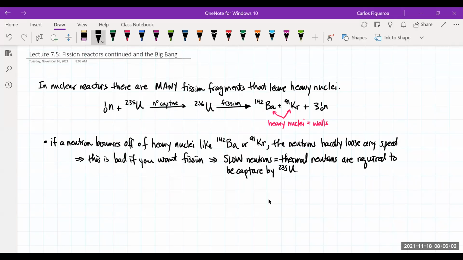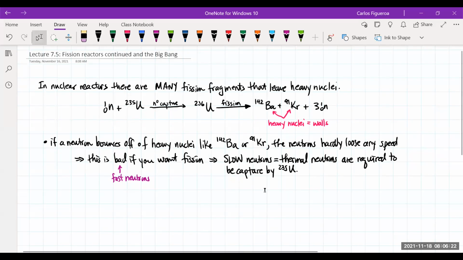So if they're too fast, you won't get that. So the bad thing here is that these are then fast neutrons. We don't want fast neutrons.